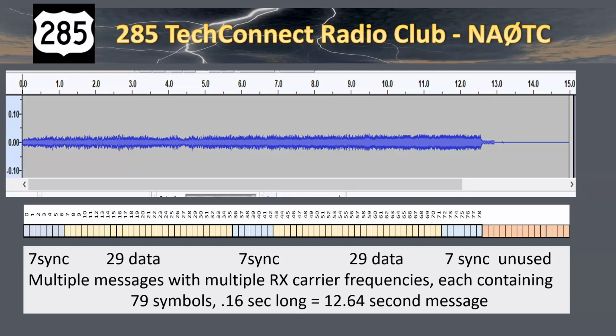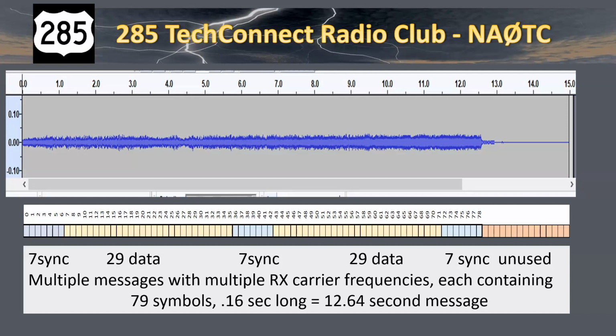Within that 12.64 seconds of message, there are 79 symbols. Each symbol is one of 8 frequencies, 0 to 7, 6.25 hertz apart.